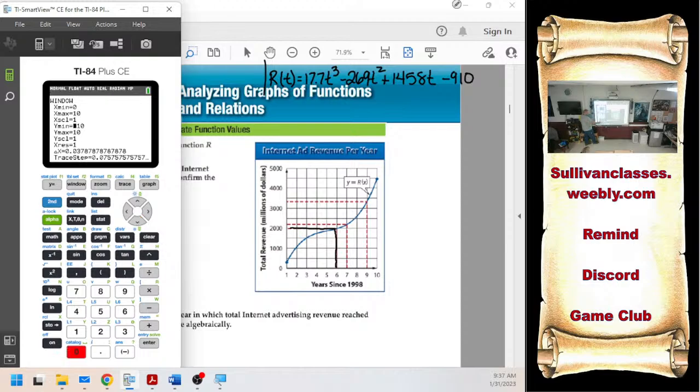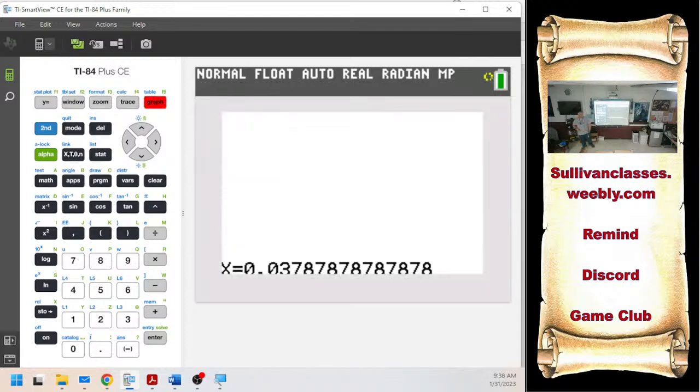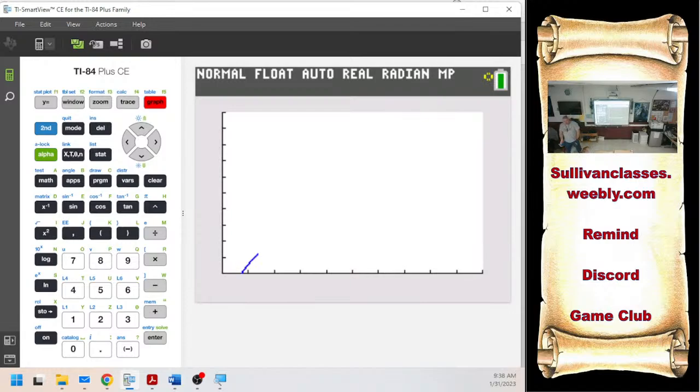My y's are going to go from 0 to 5,000. And I'm going to go by 500s per box. Okay, because that's exactly what the graph was that I was shown. Now when I graph, I should see the exact same thing. Literally the window on the graph in front of you. 0 to 10, 0 to 5,000.